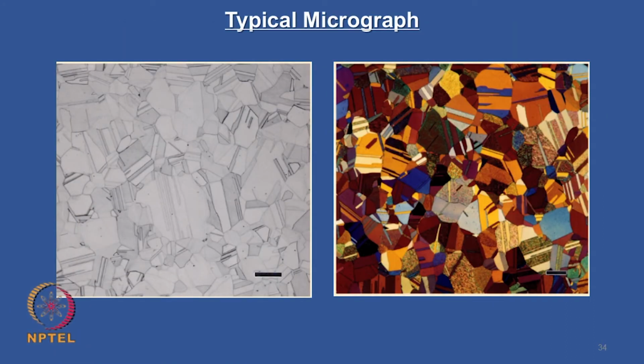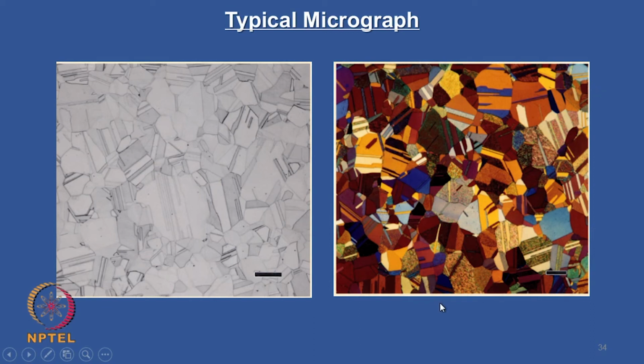And you see that this is a typical micrograph of polarized microscopy. The material under examination is brass, and you see that bright field illumination gives a kind of contrast, a polarized light gives an extraordinary contrast.